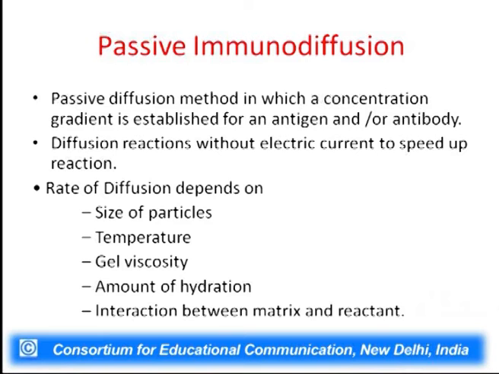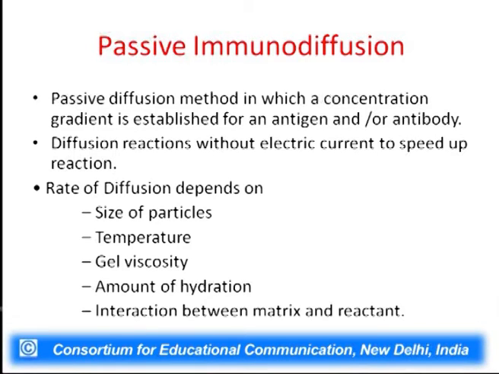When I talk of changing the medium, then I would not call it active immunodiffusion. There is a process called immunodiffusion. This immunodiffusion will involve passive immunodiffusion, and this passive immunodiffusion will be based on a concentration gradient.